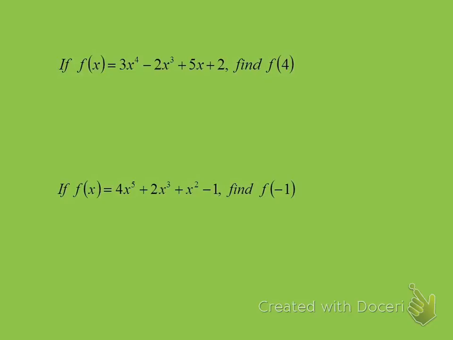There's no x to the 2nd, so you've got to put it in: 0x to the 2nd. That still holds true. So 4th, cubed, squared, 1st, constant. And the key here is you do what with 4? You leave it alone.